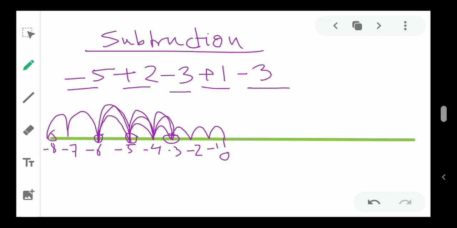So my final result is minus 8, so I can directly write here minus 8. So basically this is the way you have to jump. You have to remember the last position and you have to jump further. Right means plus, left means minus. That's it. Now talking about subtraction of our algebraic function, we have, let's say, like this.